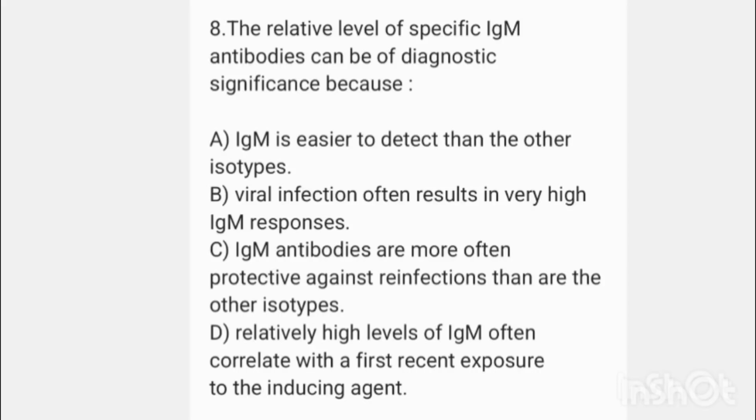D. Relatively high level of IgM often correlates with a first recent exposure to the inducing agent. So, here the answer is option D. That's why IgM antibodies are of diagnostic significance.